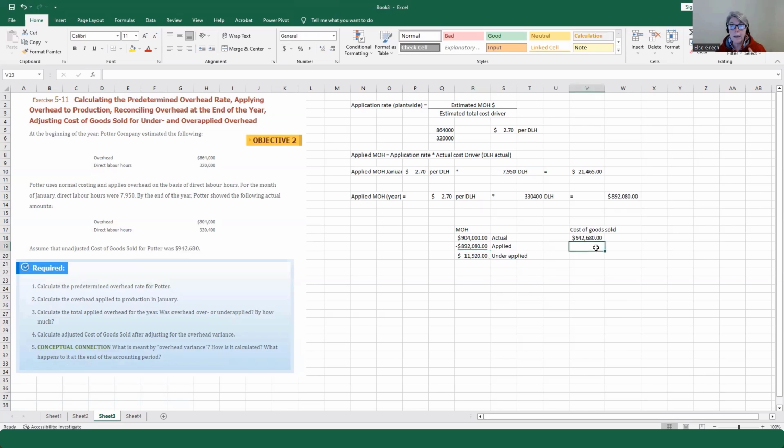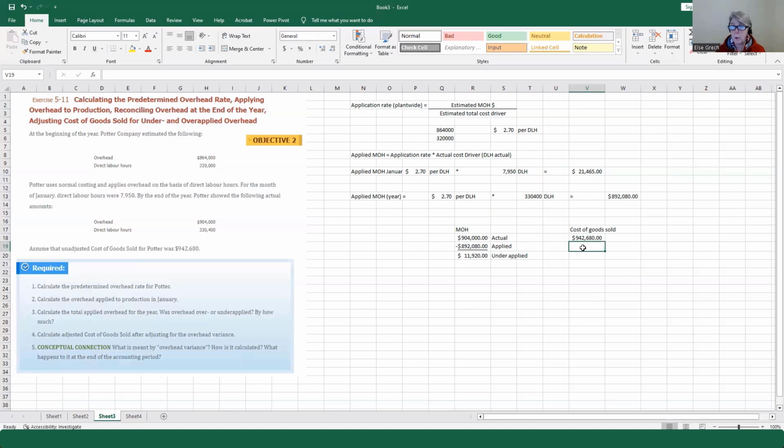So are we going to add it to the cost of goods sold, or are we going to deduct it? Now, I'm going to remind you again, this is what we should have applied, but we applied less. So we have this amount left over. Are we going to add it into the cost of goods sold, or are we going to deduct it? Is this cost too high right now, or is this cost too low right now?